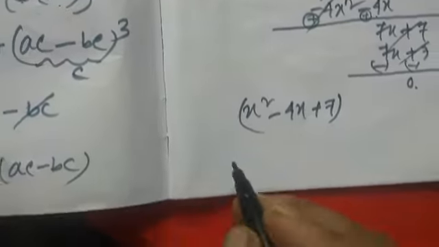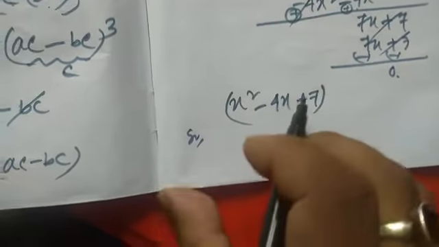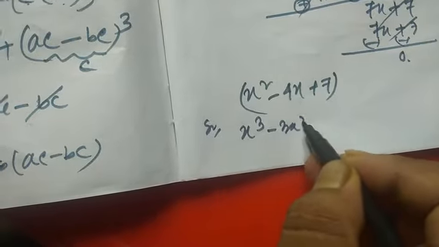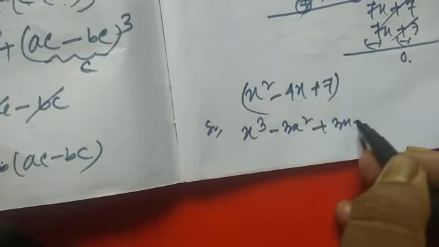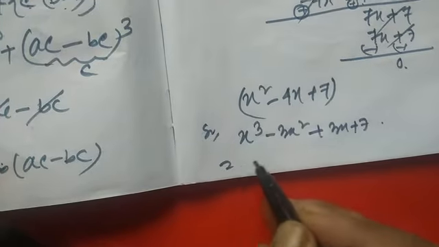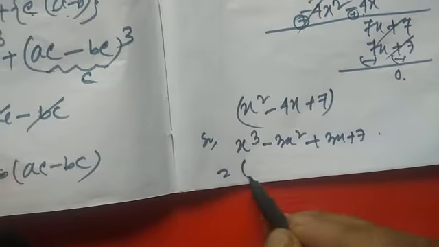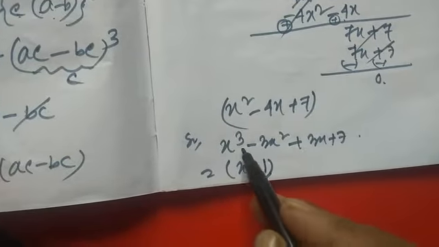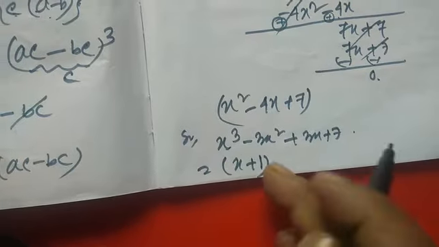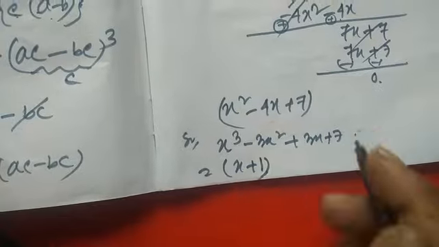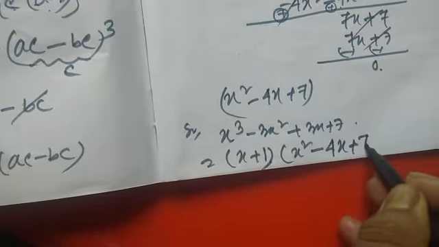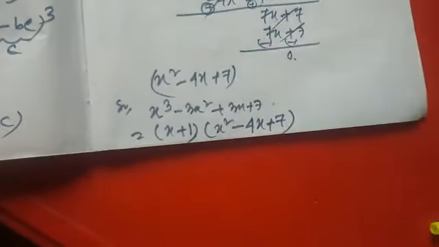So we can write the polynomial x cube minus 3x square plus 3x plus 7: one factor is x plus 1, and we have divided this polynomial by x plus 1. We have got another factor, that is x square minus 4x plus 7.